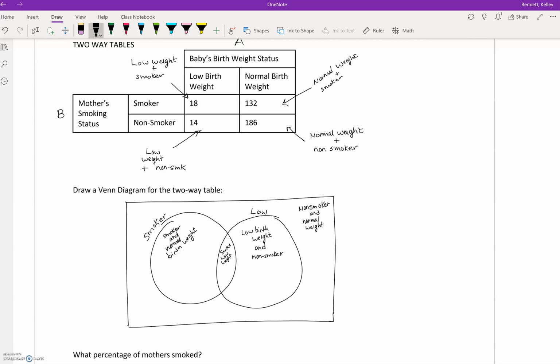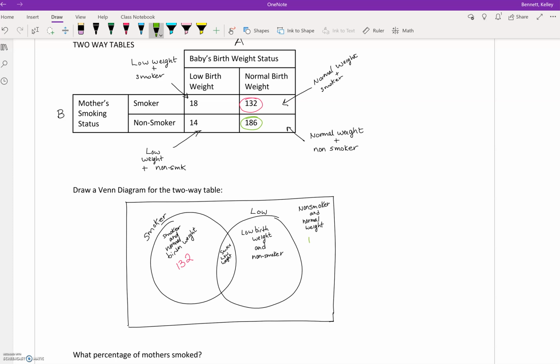And now that we have that, we can take the Venn diagram version of our 2-way table and we can go ahead and just fill in each of these numbers. So we know that normal weight plus smoker, where's that? That's outside the low and outside the smoke, and inside the smoker. So this is normal birth weight, 132, normal weight and smoker. And then we also have normal birth weight and non-smoker.